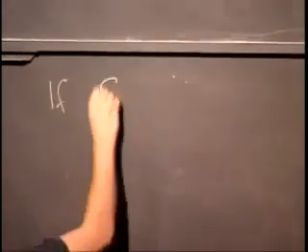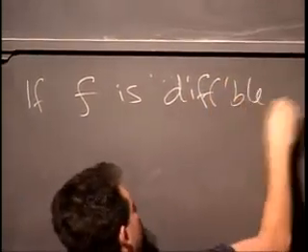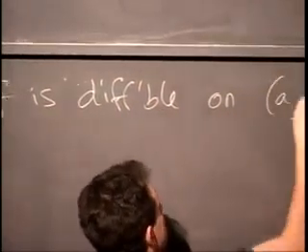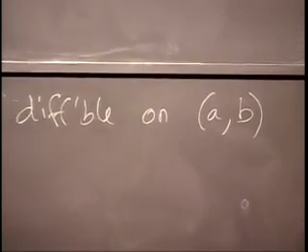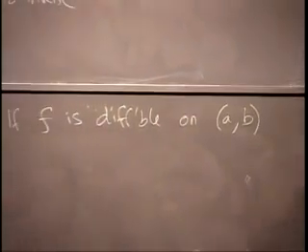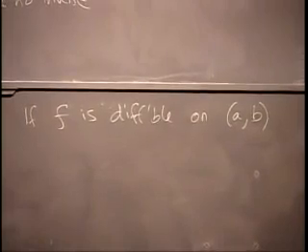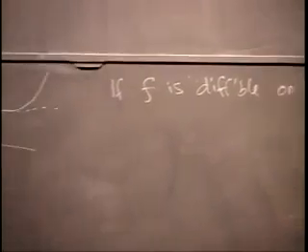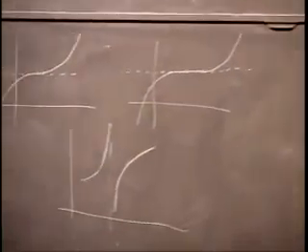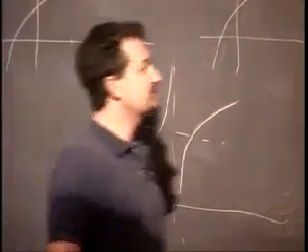If f is differentiable, so you have some function, if it's differentiable on some interval ab, no fair breaking the differentiability somewhere in the middle and then starting again. That's a function that's always increasing. It's getting bigger, bigger, bigger. It still doesn't have an inverse because we broke it.